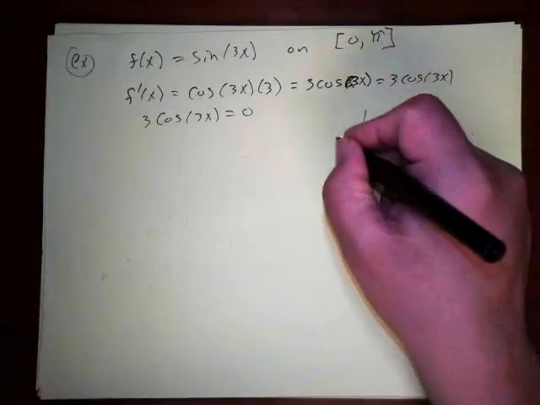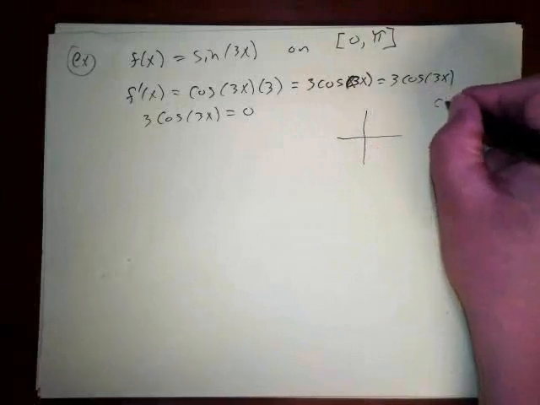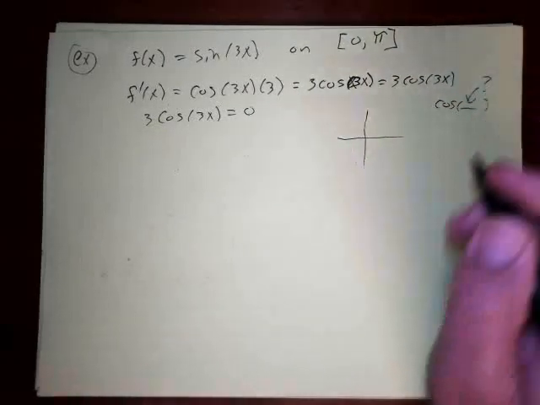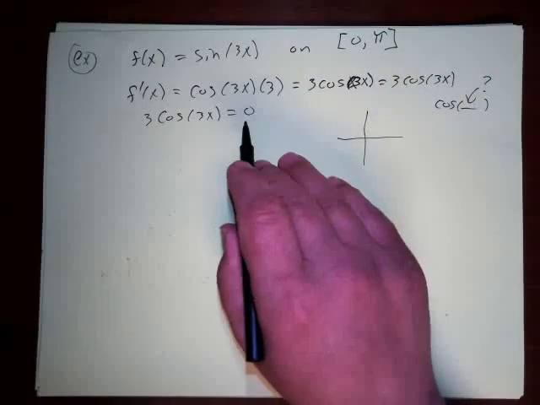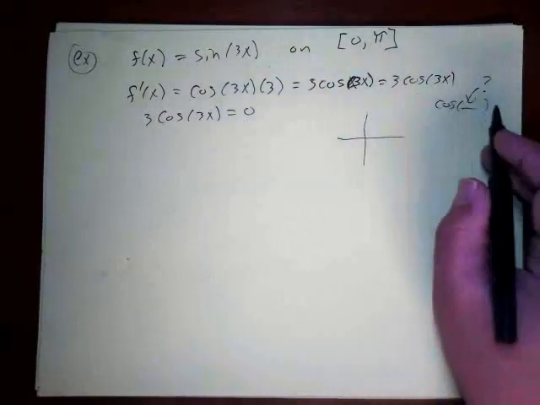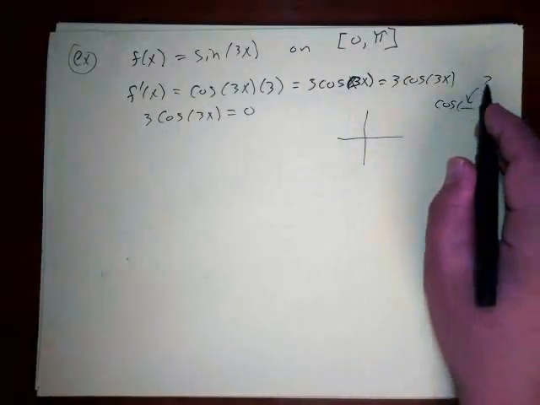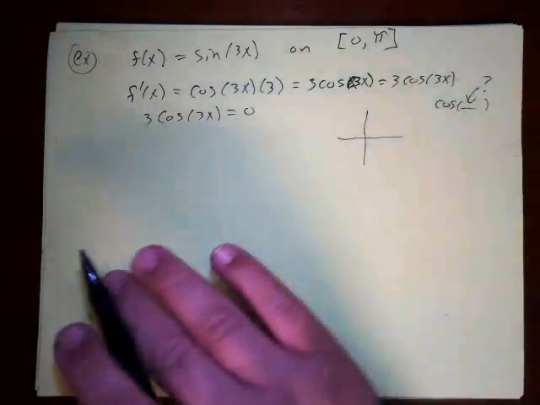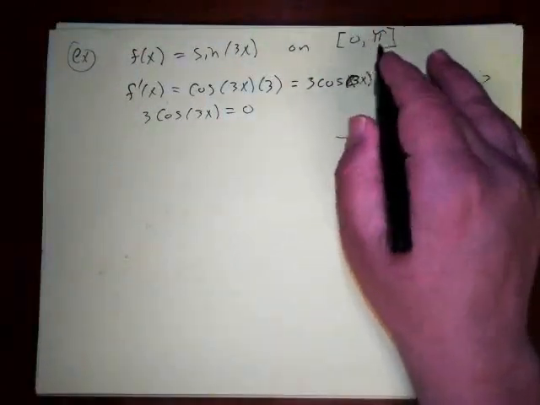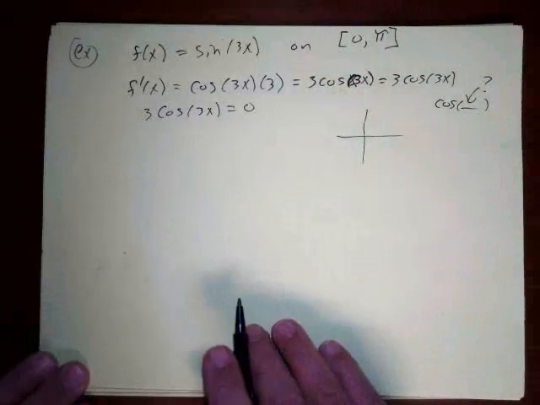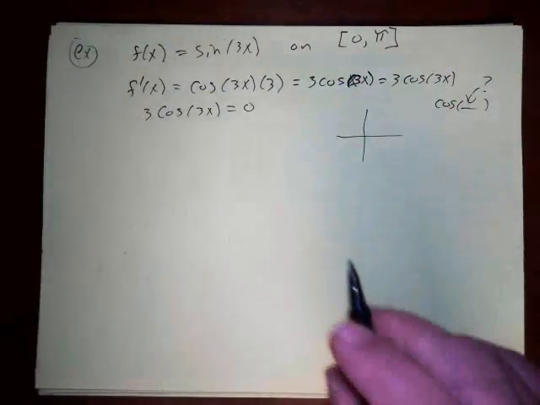So what you're going to do is ask, okay, what angle do you put in here that gives you 0? Then you're going to set 3x equal to that angle, and then we'll need to find all of the angles between 0 and pi.